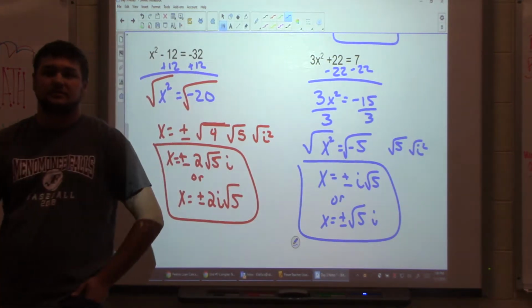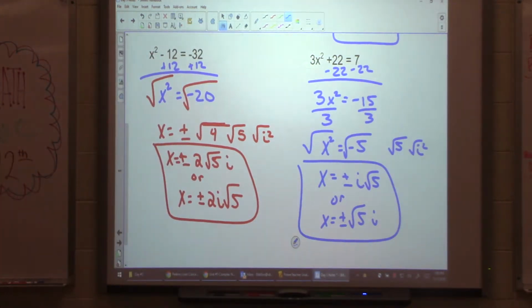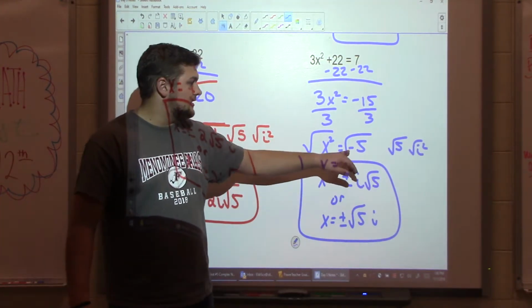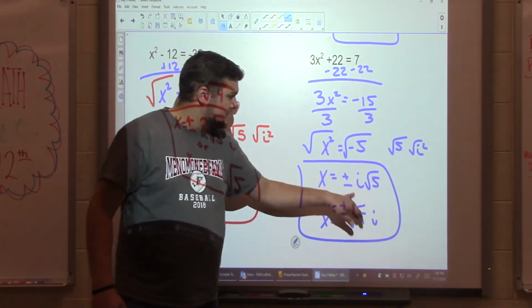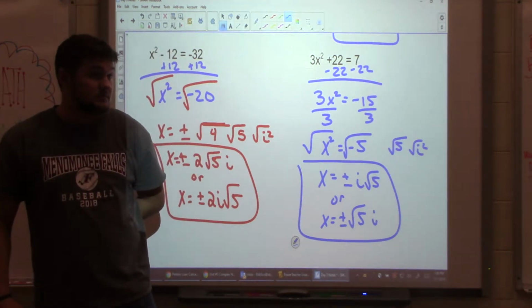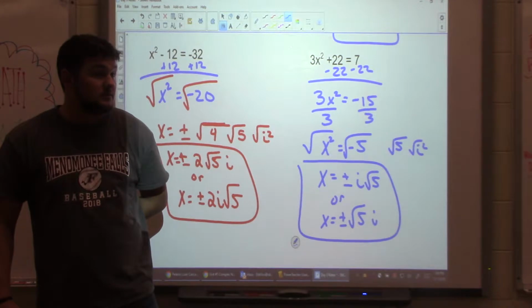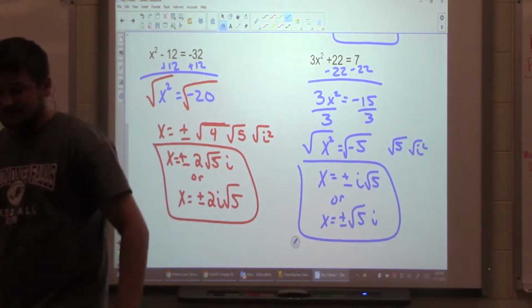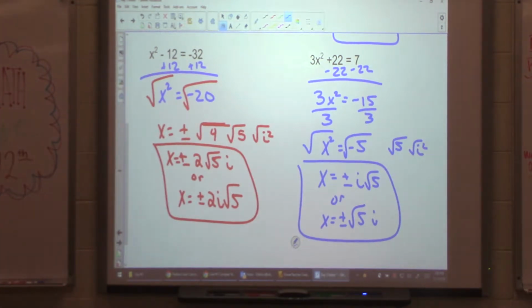Either one of those works. Does that make sense? Guys, this problem here, why it becomes i square root of 5? Negative 1 turns into i squared. Square root of i squared is i. Oh wait. Okay. i is the square root of negative 1, yes. Any questions on that?